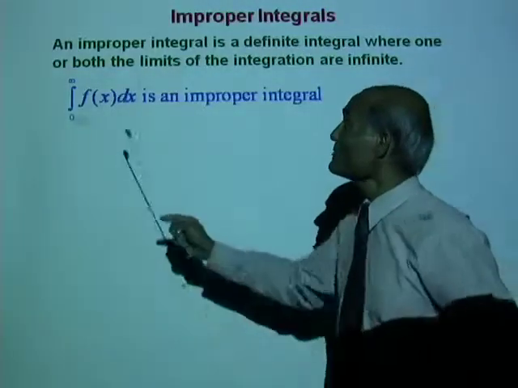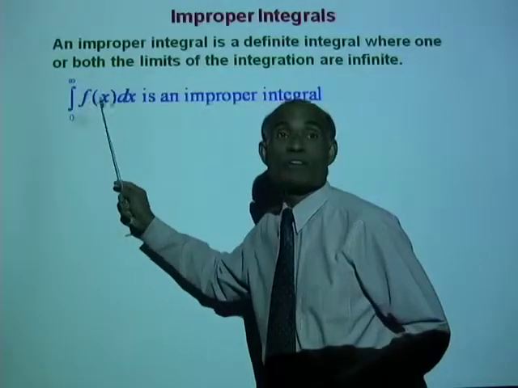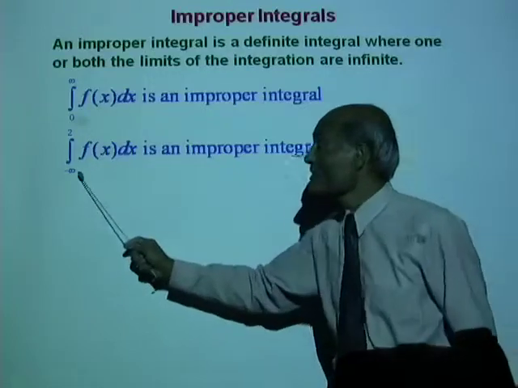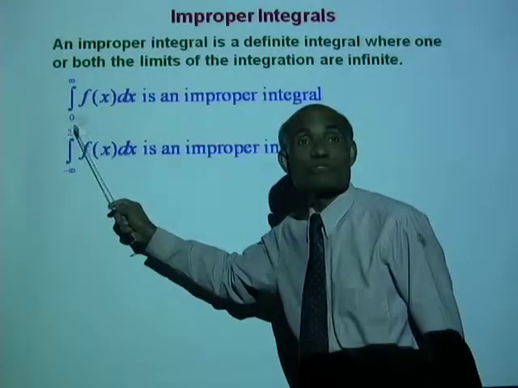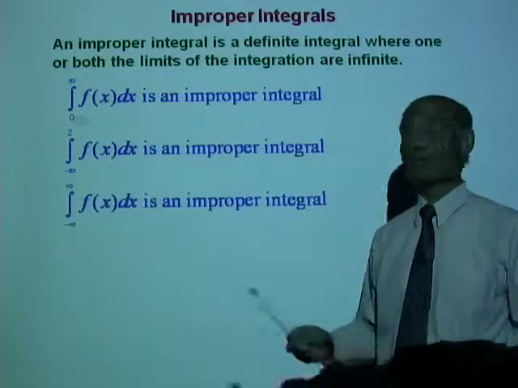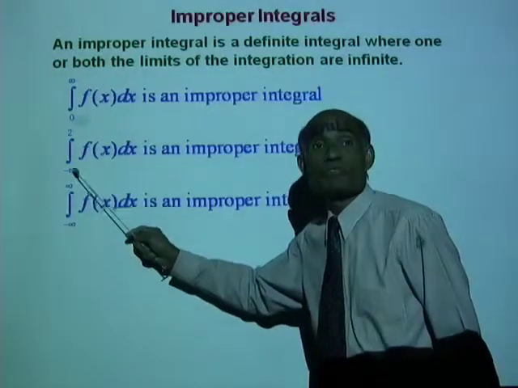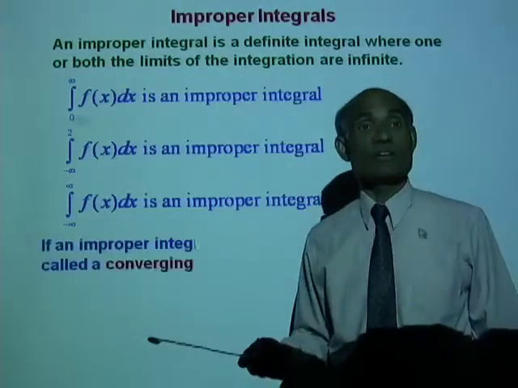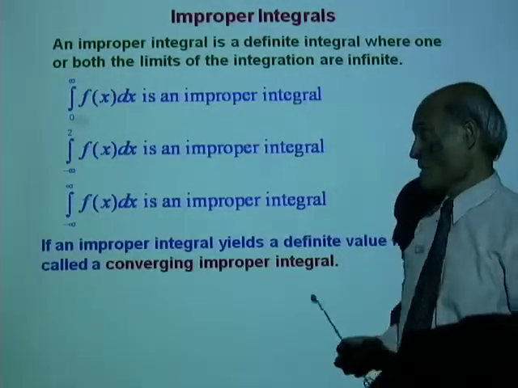For example, the integral from 0 to infinity of f of x dx is an improper integral. The integral from negative infinity to 2 of f of x dx is an improper integral. The integral from negative infinity to positive infinity of f of x dx is an improper integral.